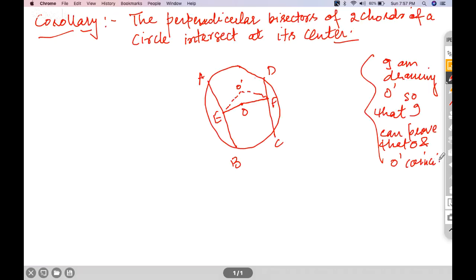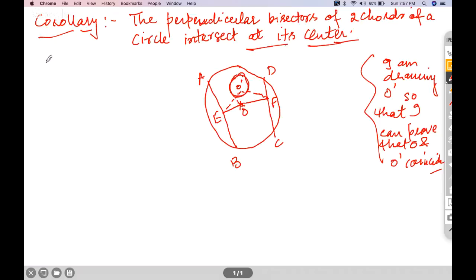If I'm able to prove that O and O dash coincide, then I'll be able to prove that any other point taken as the point of intersection of perpendicular bisectors of two chords would meet at O only. Any other point, if I take and that point coincides with O, that will prove my theorem.